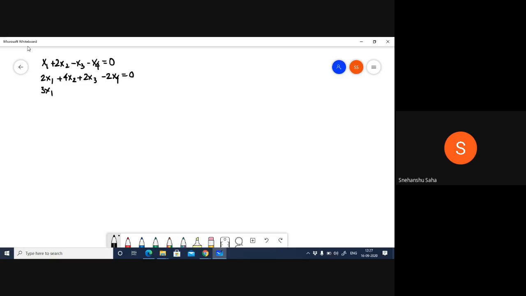So this is a system of homogeneous equations, okay? 3x1 plus 6x2 plus x3 minus 3x4 equal to 0, okay? And x1 plus 2x2 plus 3x3 minus x4 equal to 0.